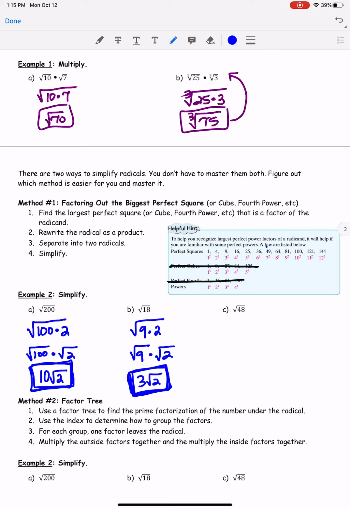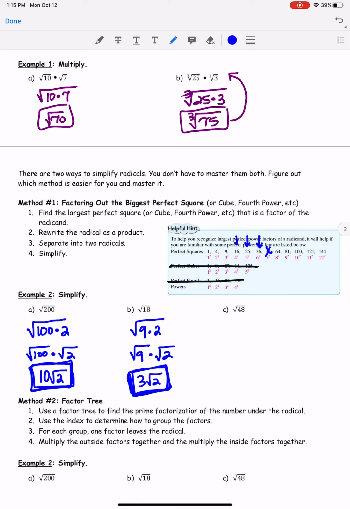So 49 is too big, right? It's bigger than my number, so I can't divide 49 in. So we'll start at 36. Can I divide 36 into 48? You get 1.33, so no. What about 25?